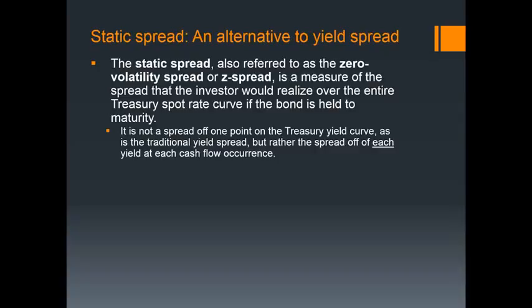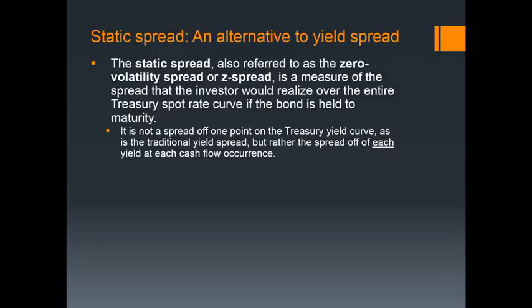The static spread is the amount of the premium, or the spread, that we're going to add at each maturity. This is called a zero volatility spread, or Z-spread. What we're assuming is a particular term structure of interest rates, that is, a spot rate curve.